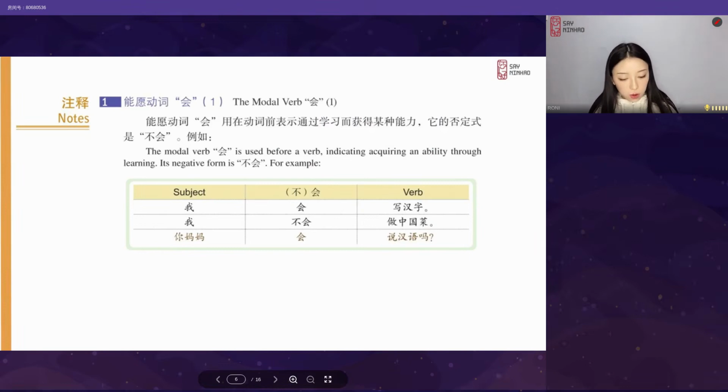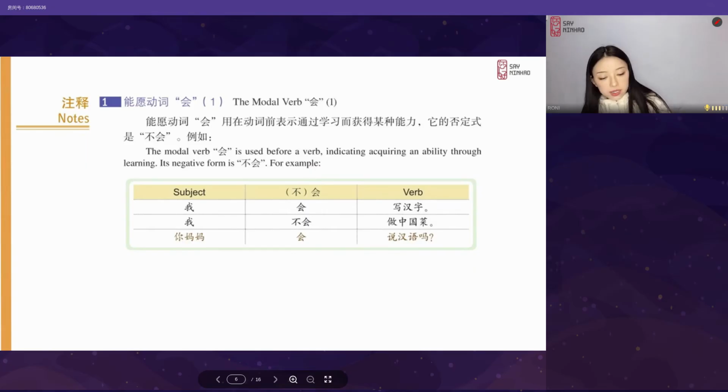Now let's move on to our language point. The first one is the modal verb 会, which means can, be able to do something. It actually indicates the ability you acquired through learning. By learning you acquired an ability, and we can say 会.